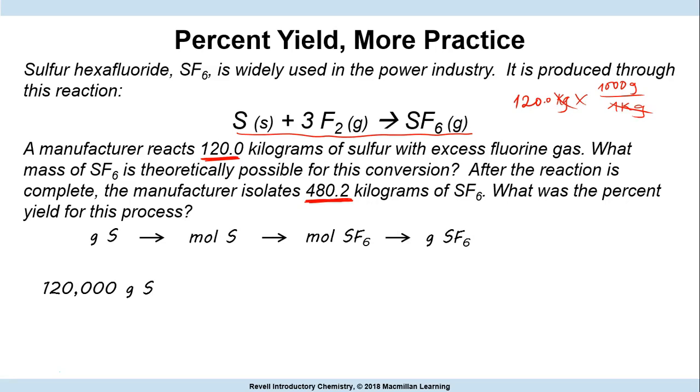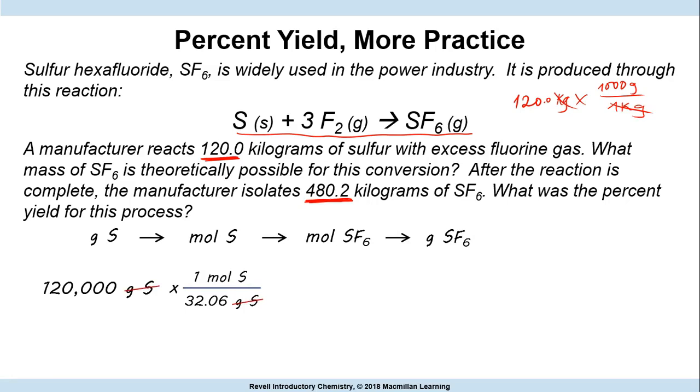So we have 120,000 grams of sulfur times the conversion factor. We are going to have moles at the top and grams at the bottom. So we'll have 1 mole of sulfur at the top, which is equivalent to 32.06 grams. We see that grams of sulfur will cancel here, and we are left with moles of sulfur.